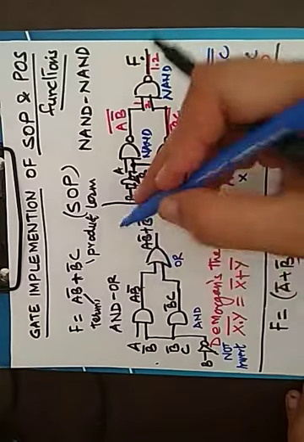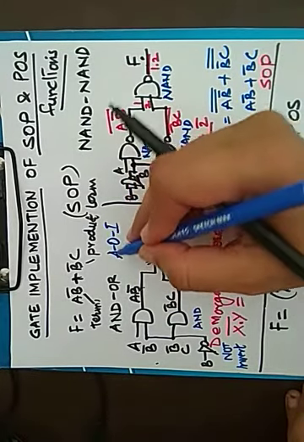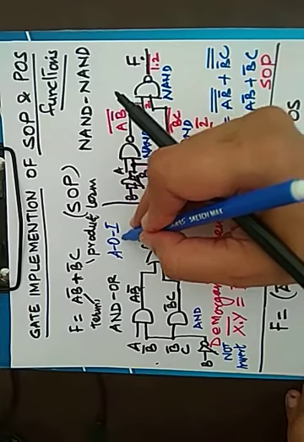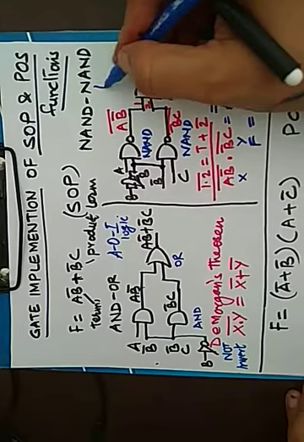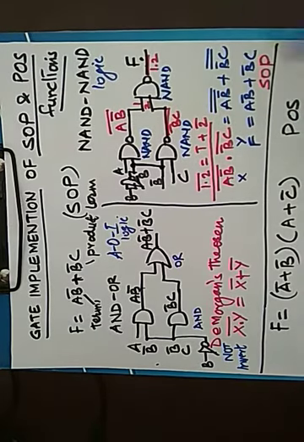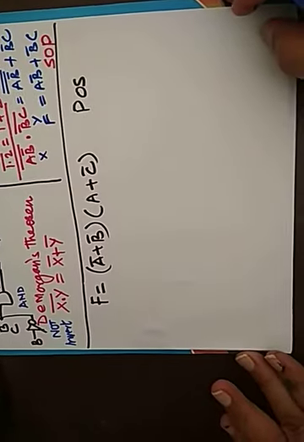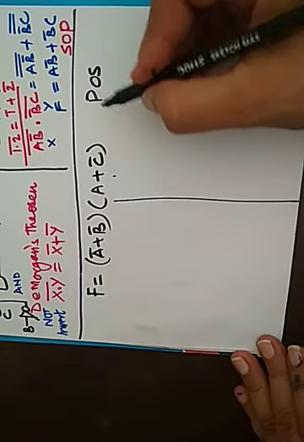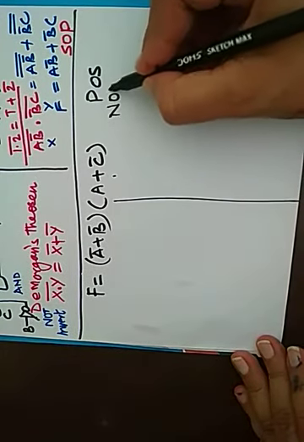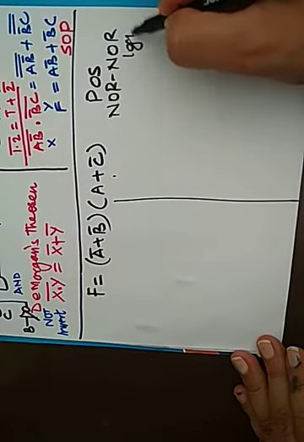So this implementation is called AOI, AND-OR-invert logic, and this is the NAND logic, the universal gate NAND. On the same lines, any given POS function can also be implemented not by NAND and NAND, but by the NOR logic.